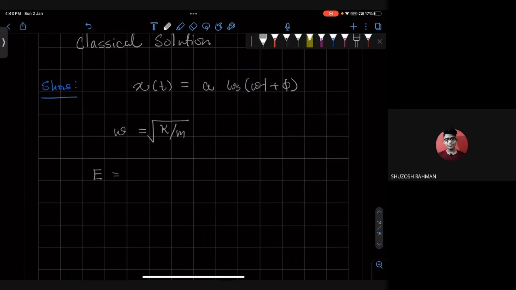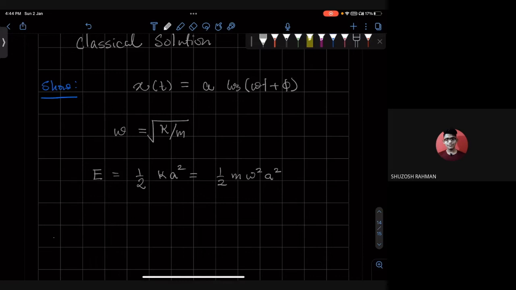So the total energy of the particle will be half k A squared, or in other words, half m omega squared A squared. So this is the classical solution.